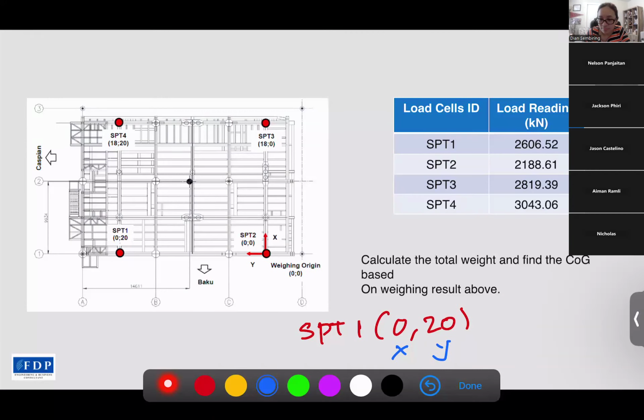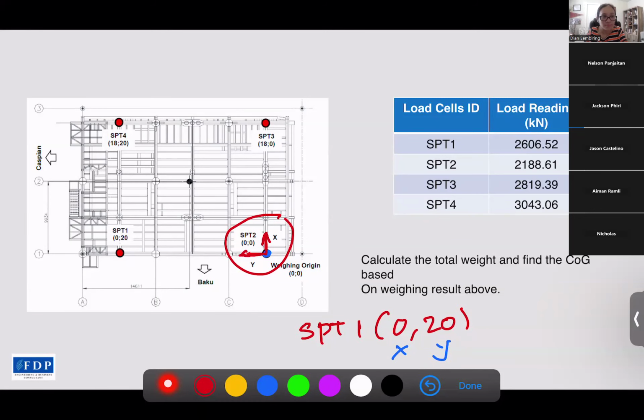No. If we look at the weighing origin, the origin point is here, right? The origin point is at the SPT2, and the X direction is to this side, and Y is to this side.